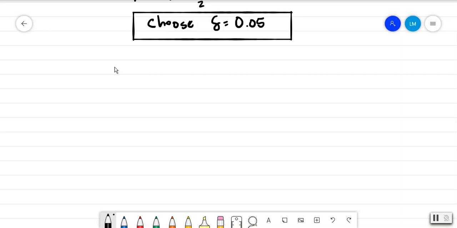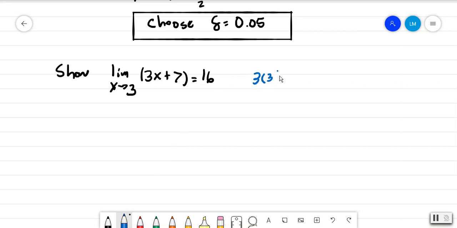Most of the time it says something like: show that the limit as x approaches 3 of 3x plus 7 is equal to 16. Now, most students will just say, well, isn't 3 times 3 plus 7 equal to 16? And the answer is yes, but that doesn't really show much, because you're still not necessarily proving it.